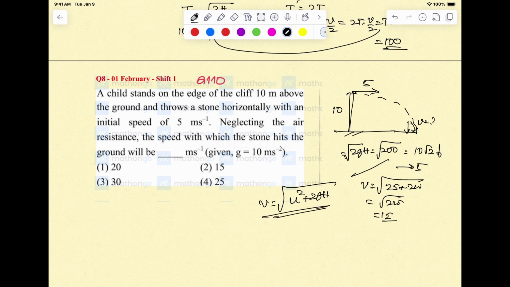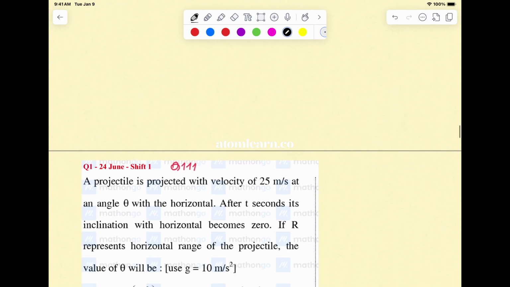Because u squared is 25 and 2gh is 200, it comes to the same thing. Either you can just remember the formula and directly use it, or not, because normally only the ground-to-ground projectile formula you will be remembering. Horizontal projectile being very simple, you can work it out on the spot also. Next question.